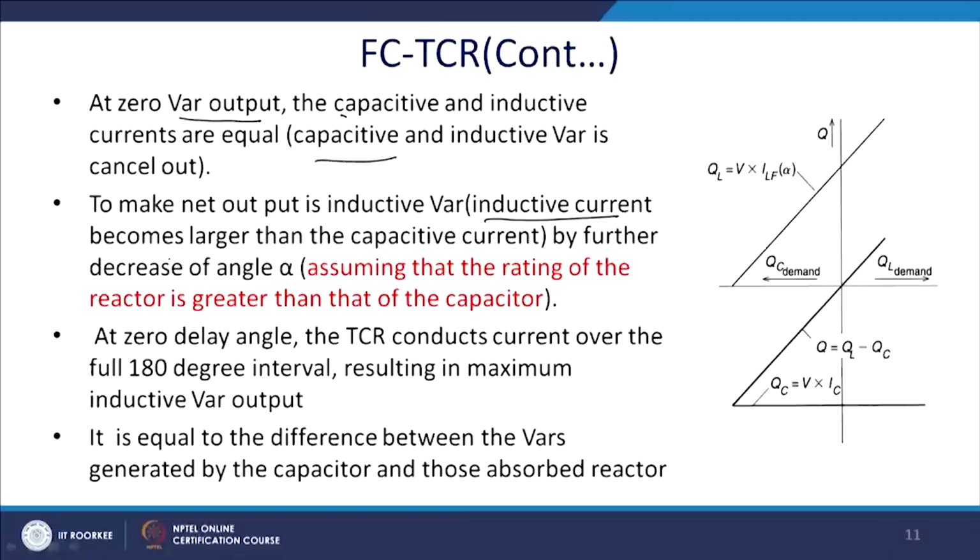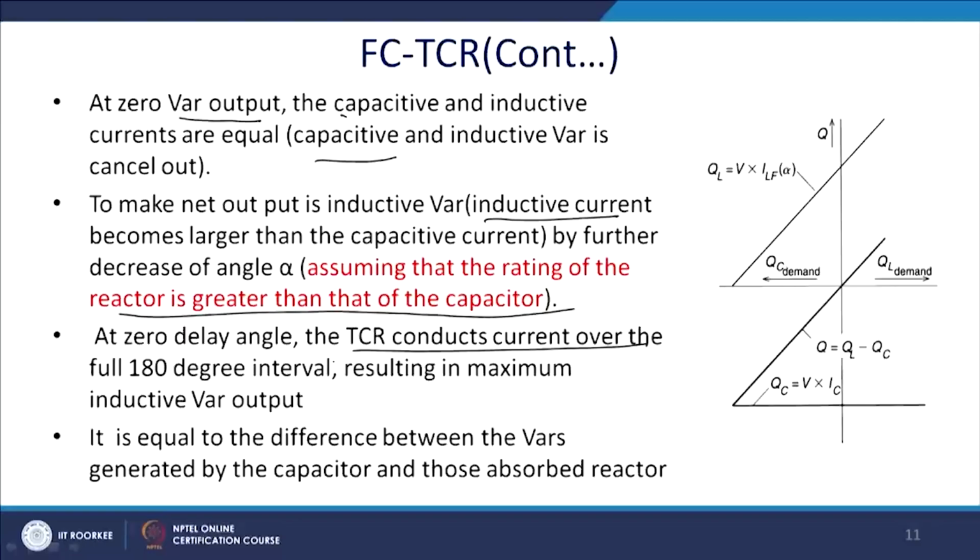So, capacitive VAR and inductive VAR will cancel out, but they will consume current. To make the net output inductive VAR, the inductive current becomes larger than the capacitive current by further decreasing the delay angle, assuming that the rating of this reactor is greater than the capacitor. That is one of the constraints you have to put on the fixed capacitor. The capacitor compensation will be less, and this reactor inductive compensation will be more.